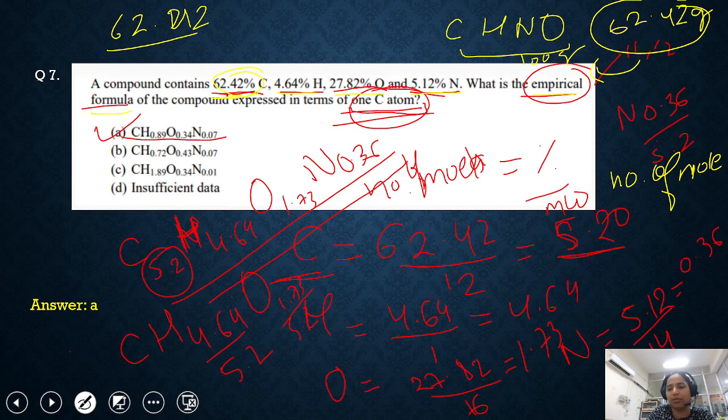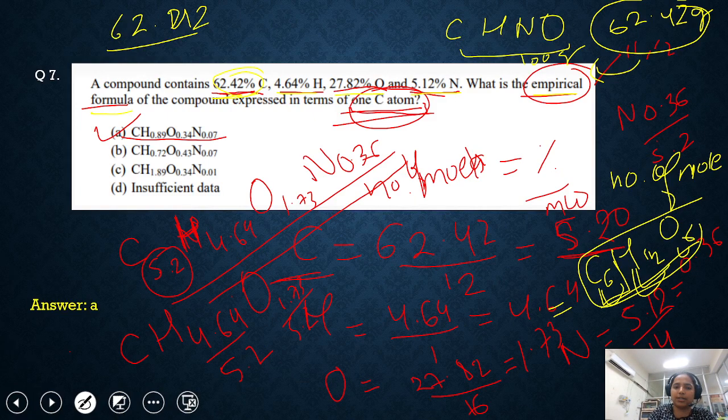When we write the formula for any component, like for glucose C6H12O6, we consider the number of molecules of each element present in that component or substrate. So this 62.42% will be divided by 12, the atomic weight of a single carbon. It will give you the value 5.20.